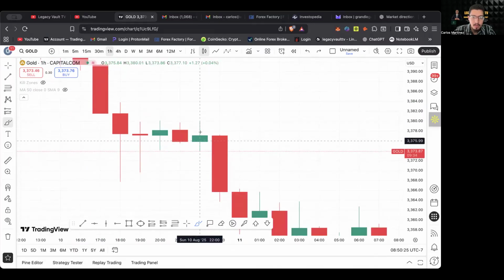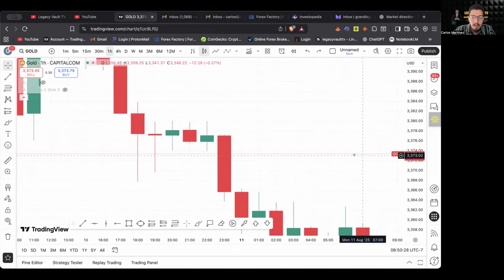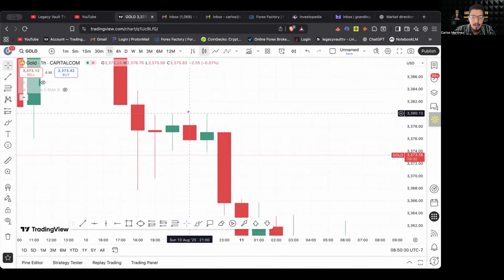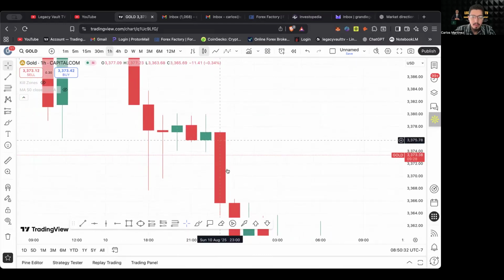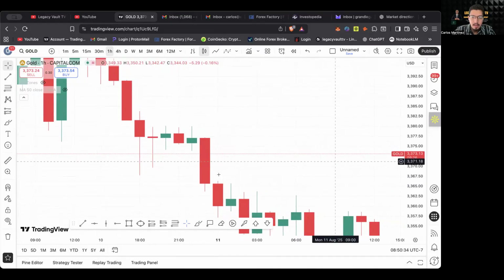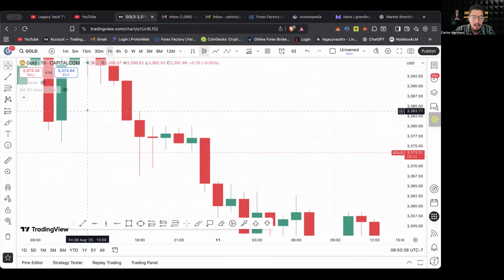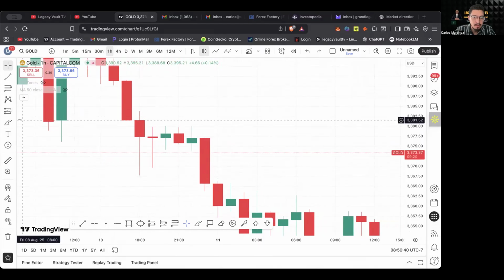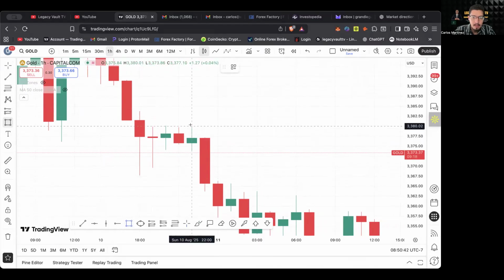So when you see a candle that liquidated and broke a structure and left an imbalance, now this candlestick is considered an order block.